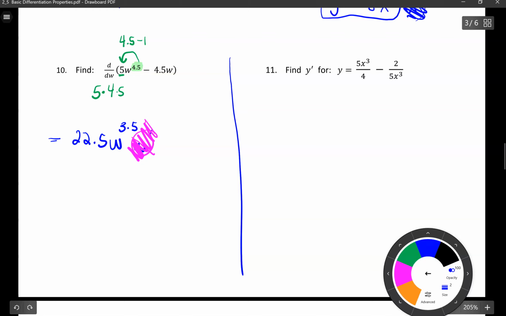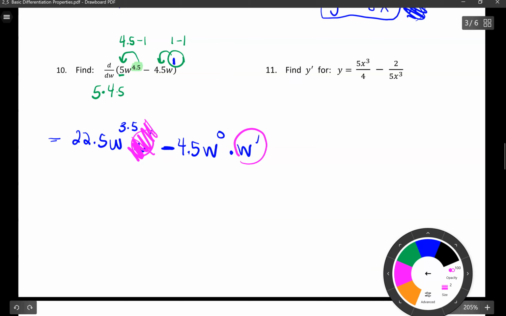And then, I need to finish it because we're subtracting 4.5 w to the first. That's the understood. I drop the exponent down. 4.5 times 1 is 4.5. I rewrite the base. I decrease the exponent by 1, which is technically a 0. And then I tack on the derivative of the base.